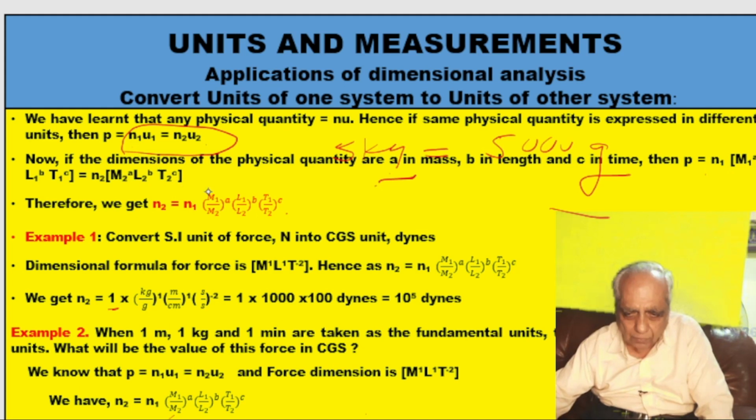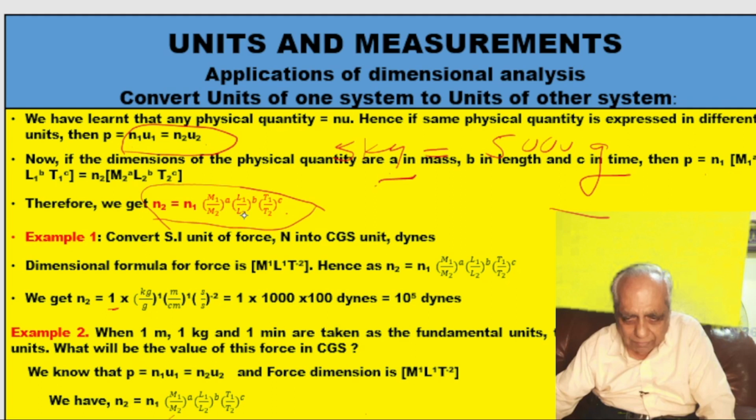So from here, if I equate the two, N1 U1 equal to N2 U2, then I will get N2 is equal to N1, listen carefully, N2 is equal to N1 into M1 upon M2 raised to A, L1 upon L2 raised to B, T1 upon T2 raised to C. This is N1, then U1.